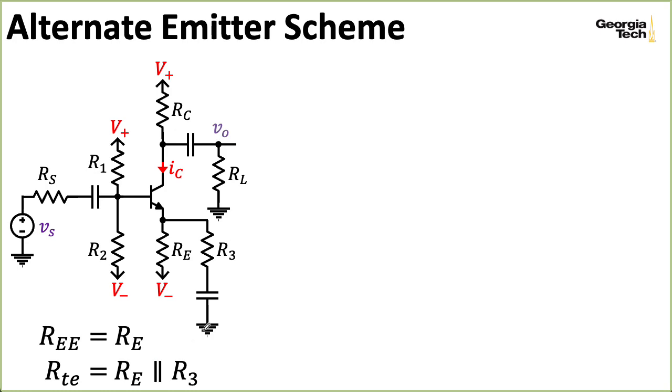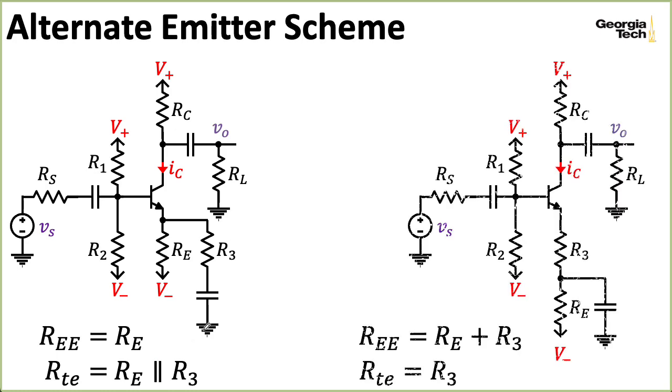So there's an alternate scheme that you could use, and I think this one is probably more common, and I think definitely you would see it in more textbooks. And here we have RE in parallel with the capacitor, and then we have R3 in series with that.